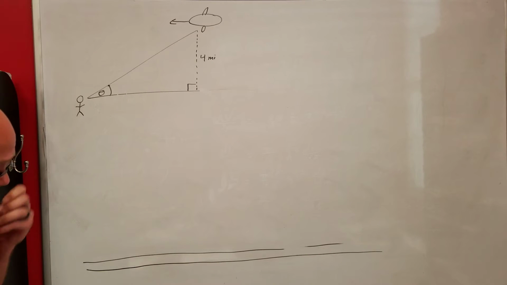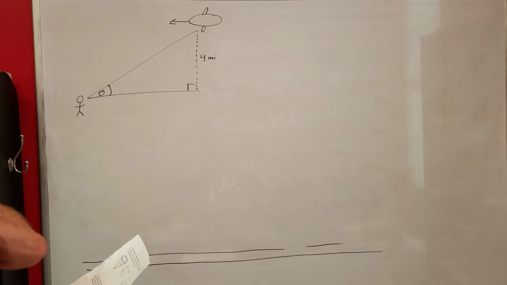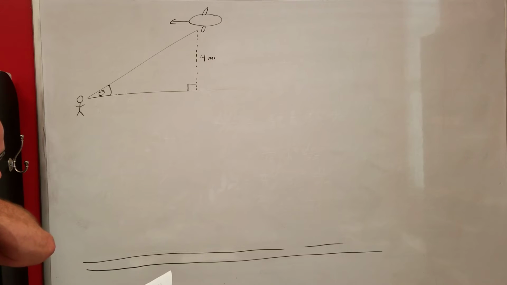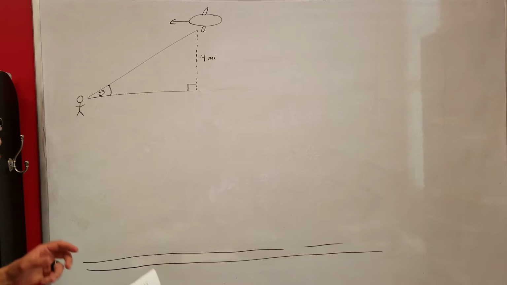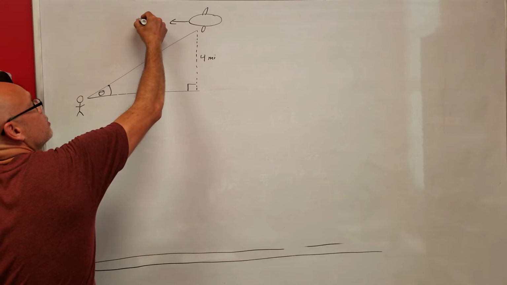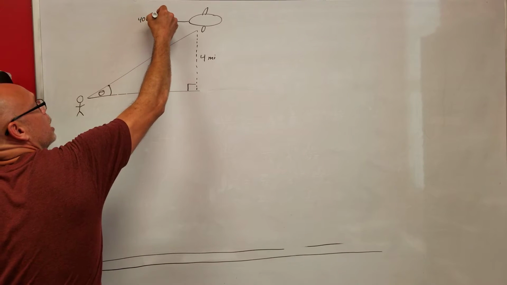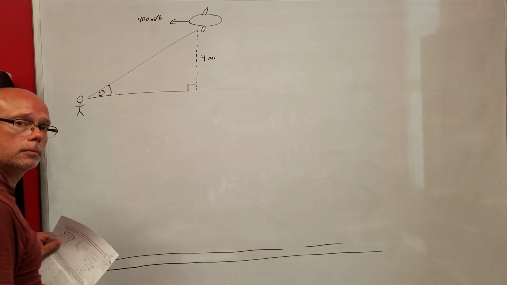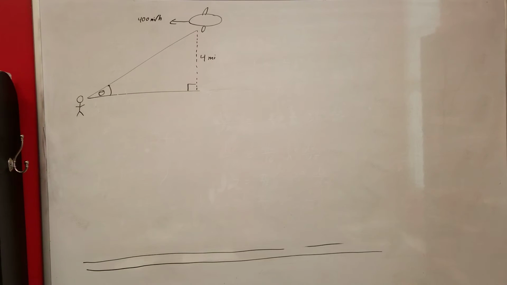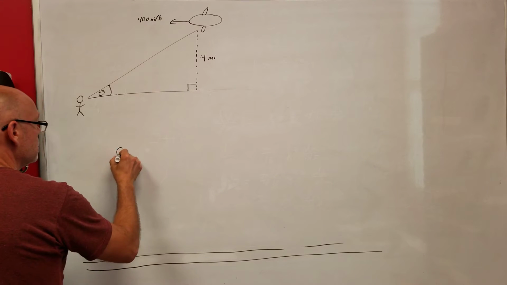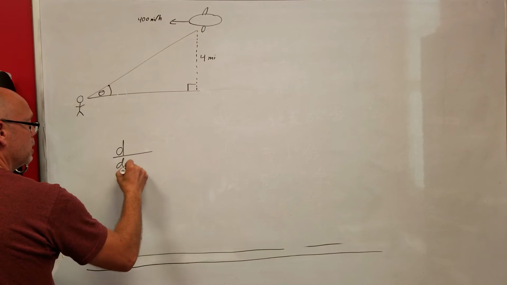Every day a plane flies directly over my house at an altitude of 4 miles. Got that. If I assume that the plane is flying at a constant speed of 400 miles per hour, so this thing's moving at 400 miles per hour. At what rate is the angle of elevation of my line of sight changing with respect to time? At what rate? So that's going to be a derivative, right?